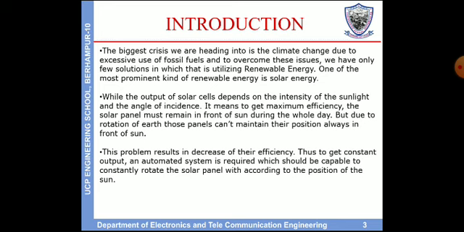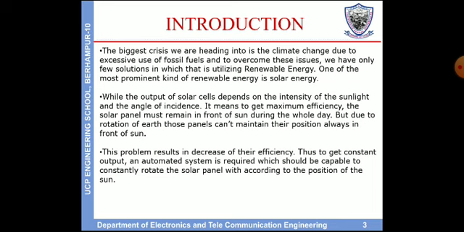incidence. It means that to get maximum efficiency, the solar panels must remain in position always in front of the sun all day. But due to the rotation of the earth, those panels cannot maintain their position always in front of the sun. This problem results in reduced efficiency.